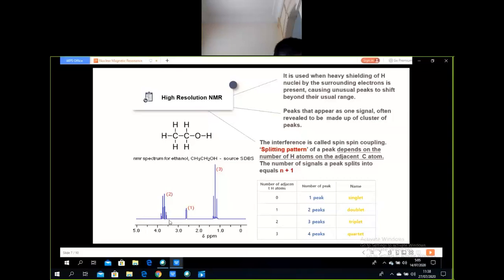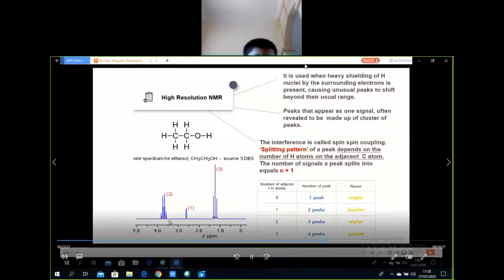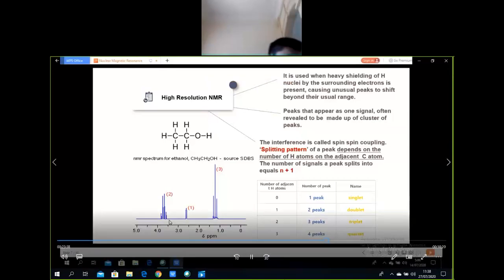As I told you, this NMR is put in the last subtopic, because NMR requires the knowledge of chromatography and then mass spectrometry, also infrared spectroscopy.